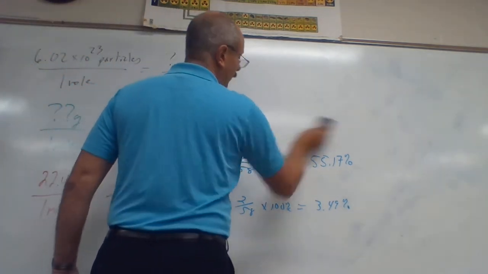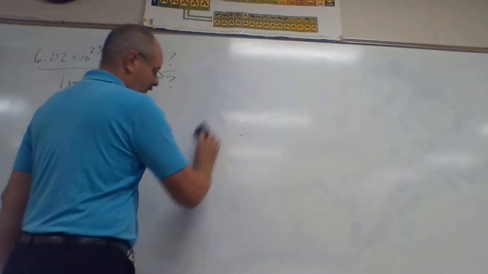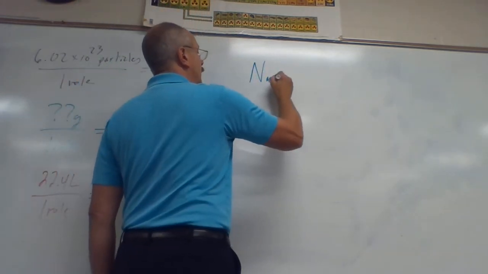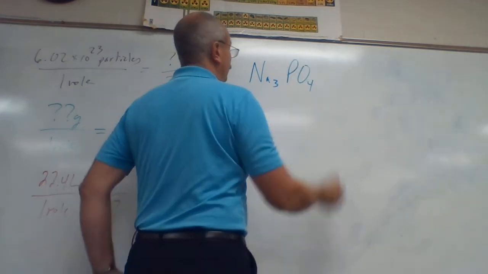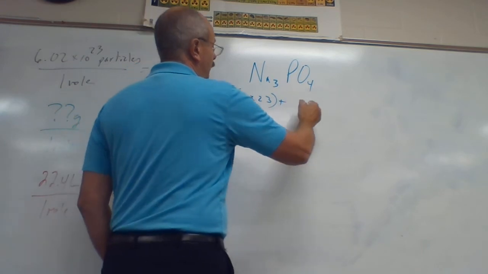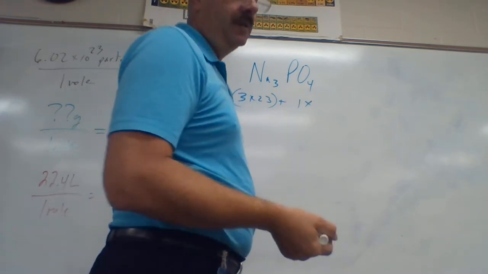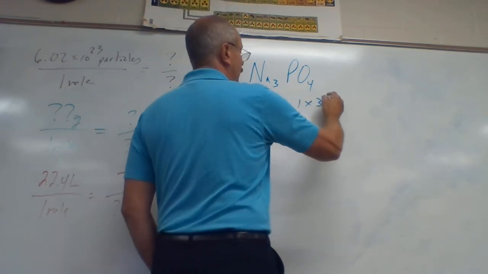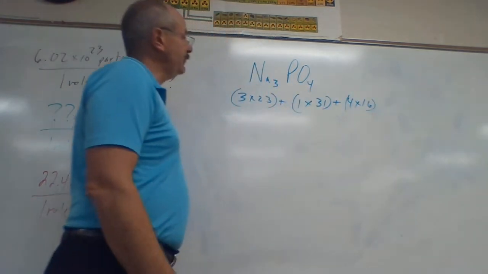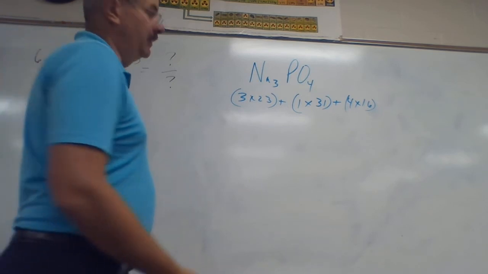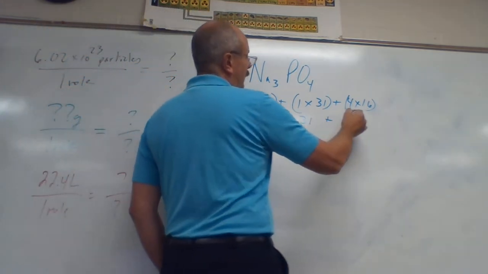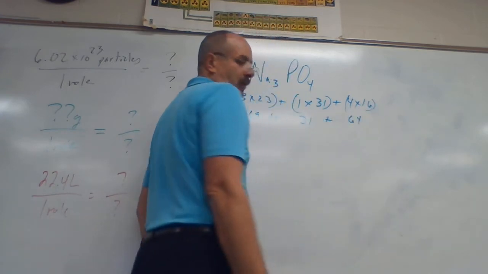Last one. Yeehaw. So the last one we got is Na3PO4. So this is 3 times 23 plus 1 times the mass of phosphorus, which is 31, plus 4 oxygens times 16. All right, so this is 69 plus 31 plus 64.